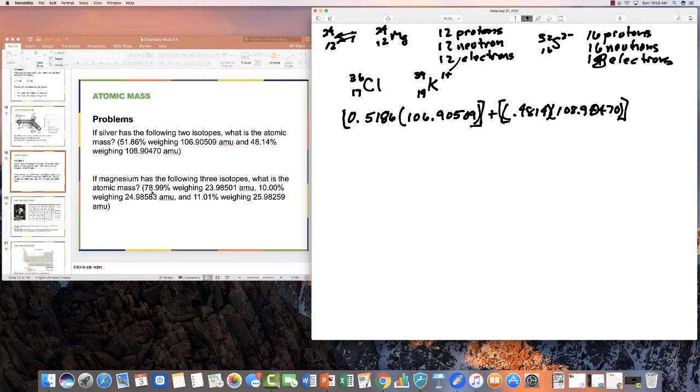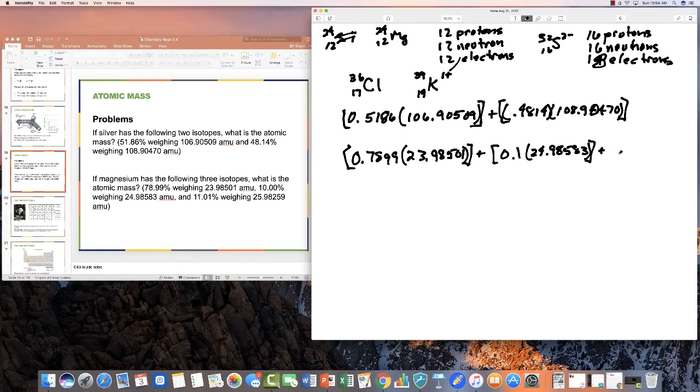Okay, so 78.99%, so 0.7899 is multiplied by 23.98501. So that's the first one, plus, and the second one is 10%, so 0.1, pretty easy on that one, times 24.98583.